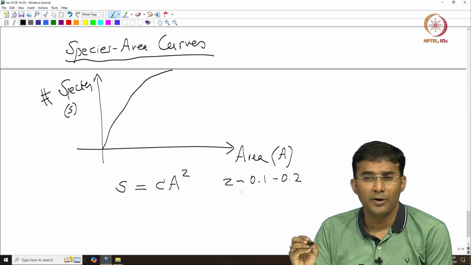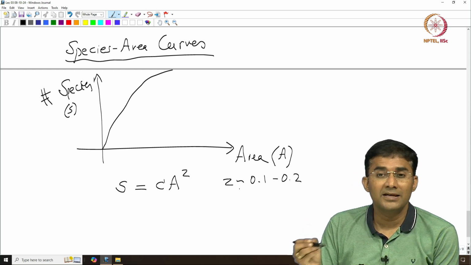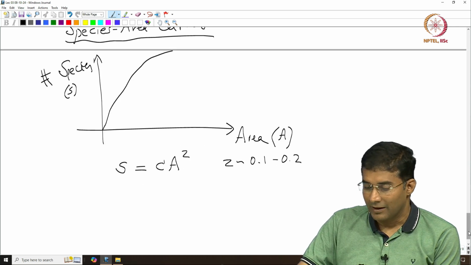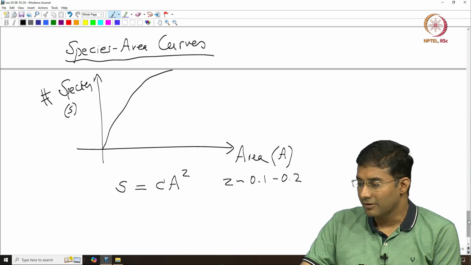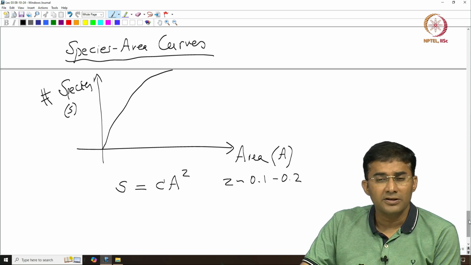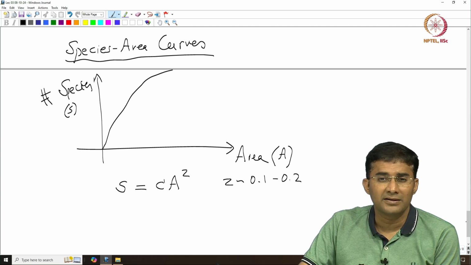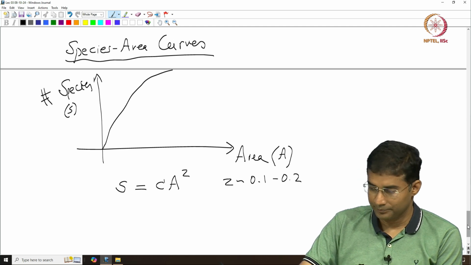The important point to note here is that Z is not an integer value, it is also a value less than 1. Typically these do not saturate, but they keep on increasing forever, but the rate of increase is small.